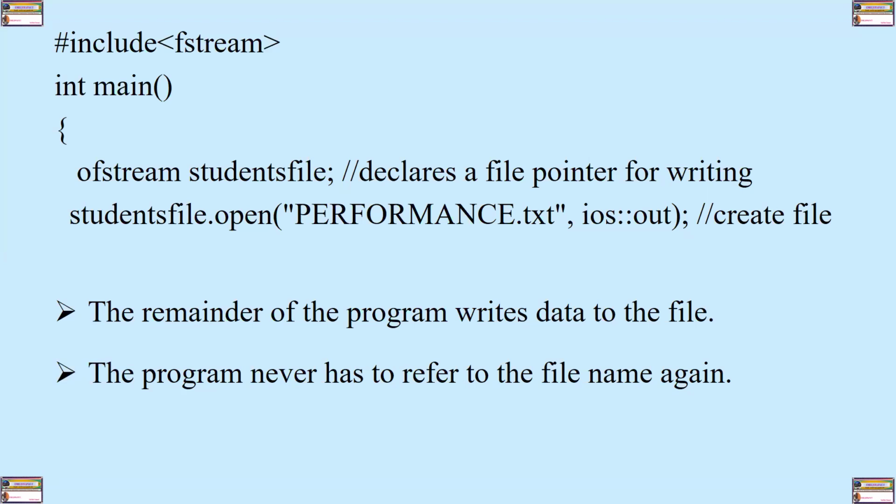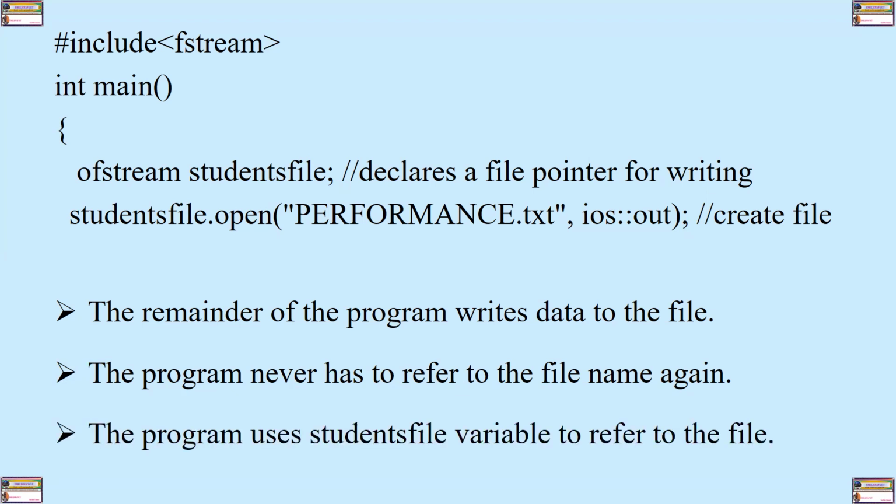Whenever you want to perform any activity on the file, you just need to make use of the file's pointer, which in this case will be studentsfile. The program therefore uses the file pointer variable to refer to the file. So in our case, it is going to make use of studentsfile.